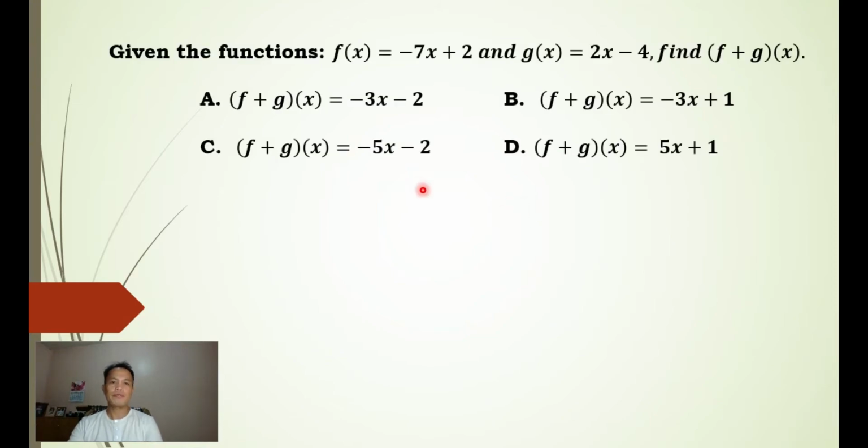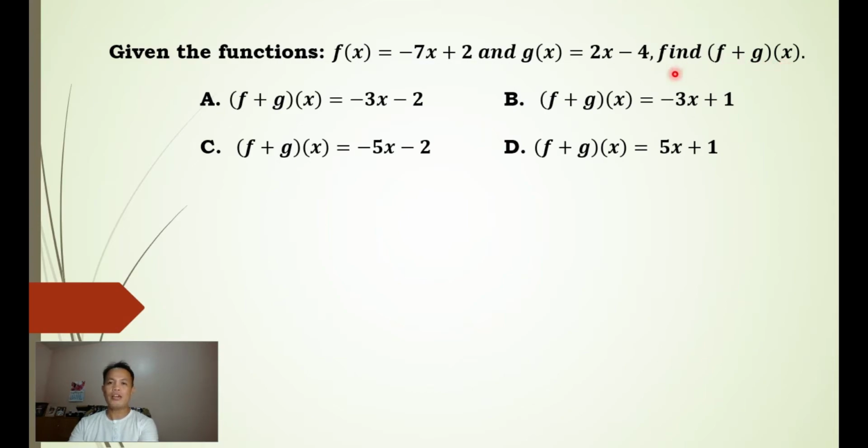So let's proceed to our first question. We are given this problem. You are given the function f of x equals negative 7x plus 2 and g of x equals 2x minus 4. Now we are going to find the sum of the functions f and g of x.